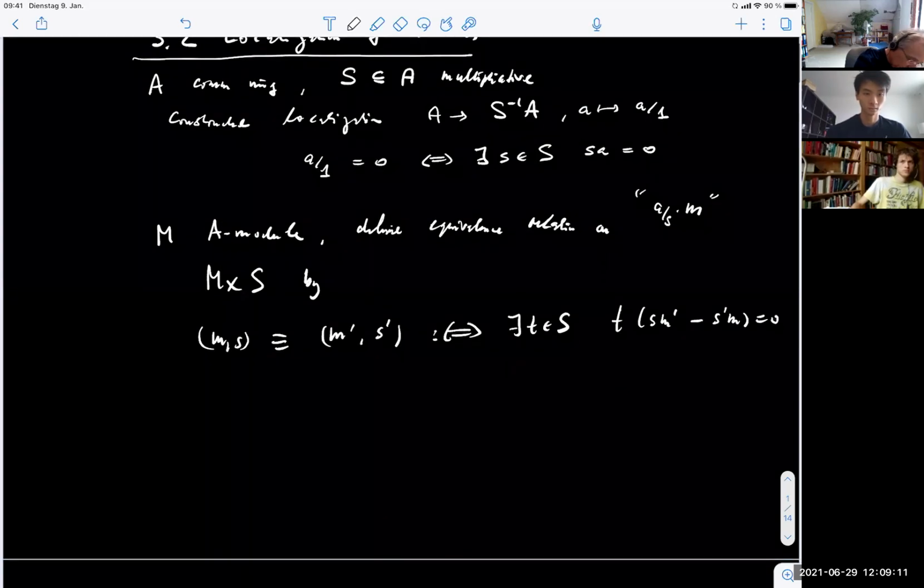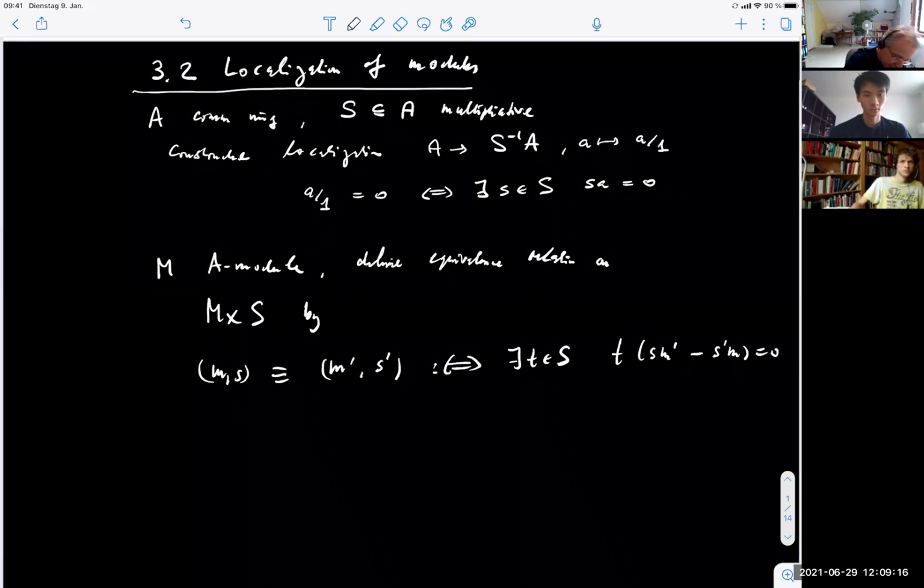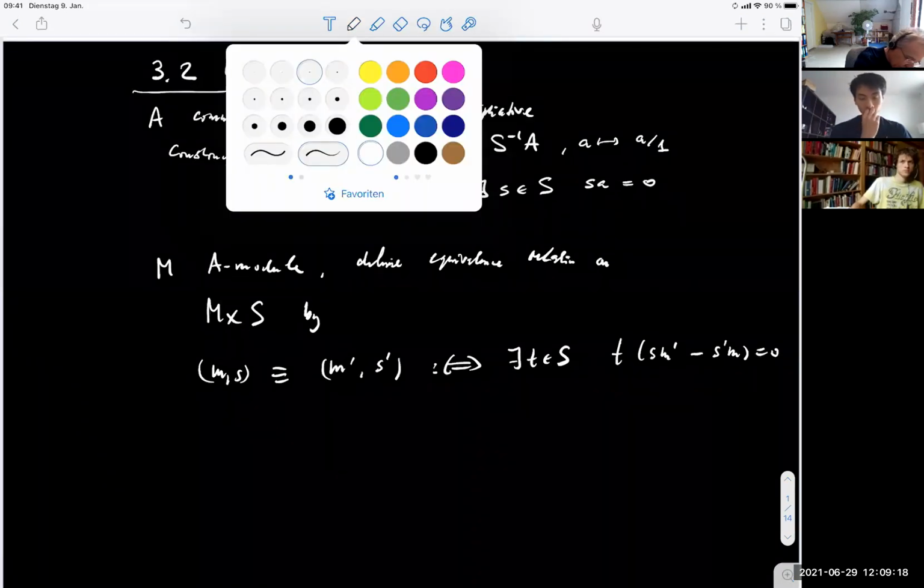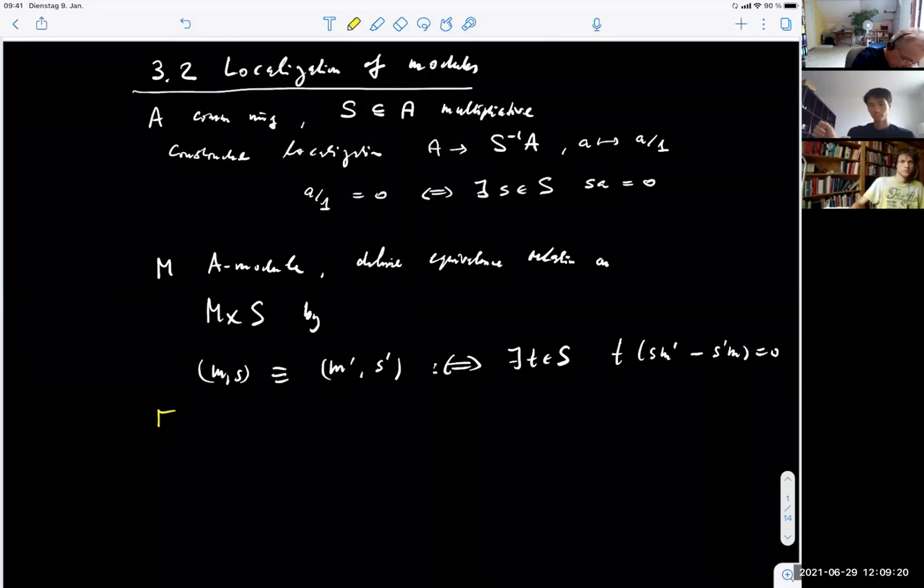The intuition is that we want to form these quotients, and this should express equality.